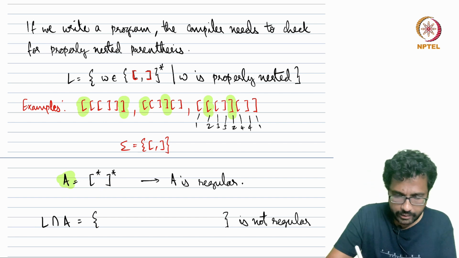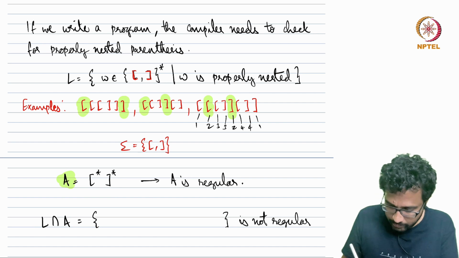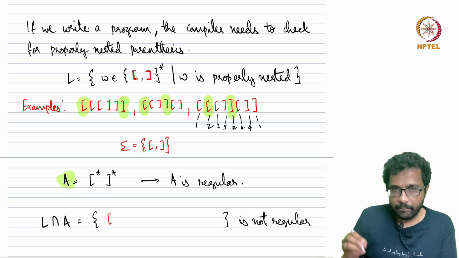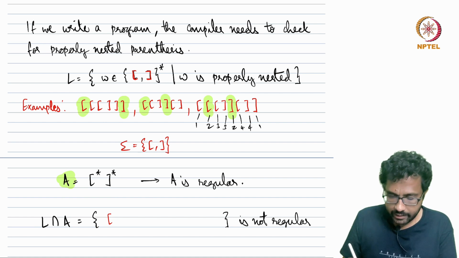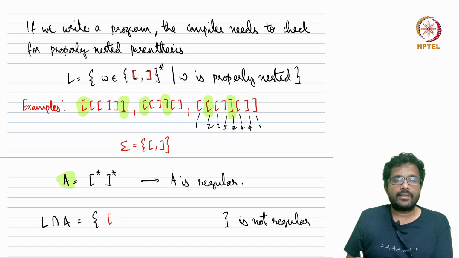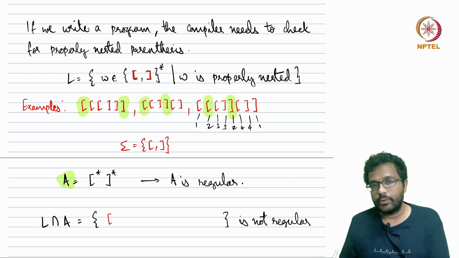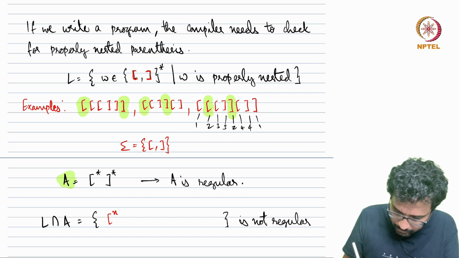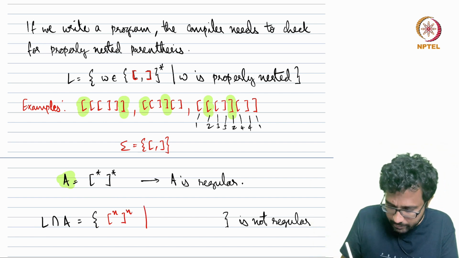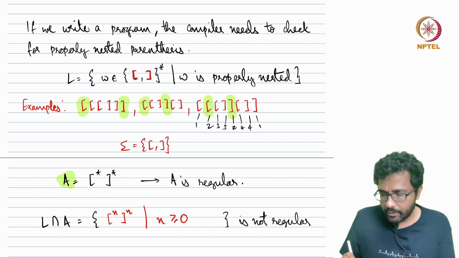If you think about it, you will see that the only way to be properly nested within the structure of A is to have some number of opening brackets followed by the same number of closing brackets.